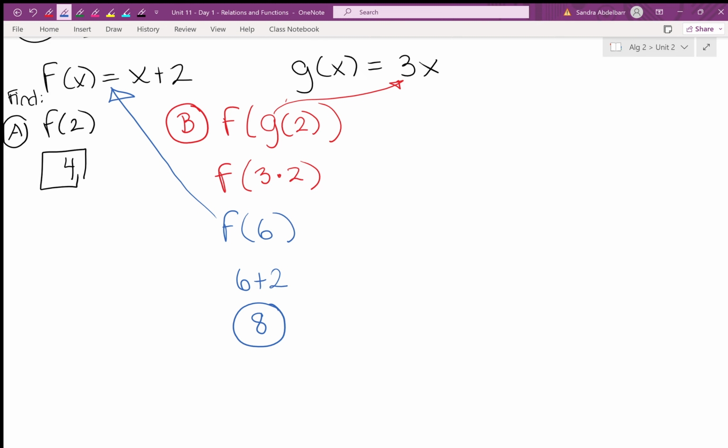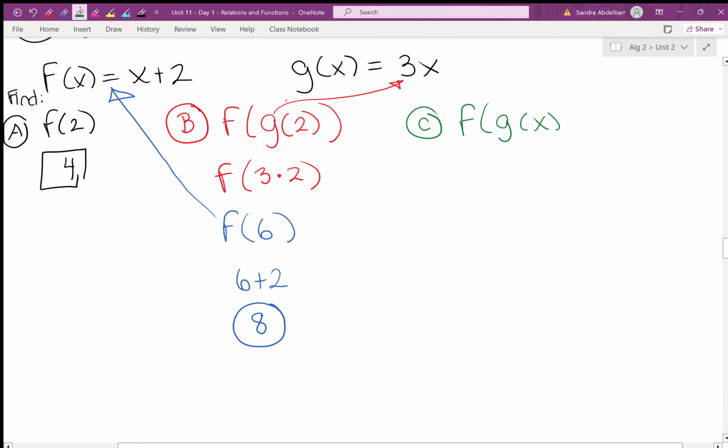All right, next one. So now I'm going to have f of g of x. Okay, so now this is saying f of, there's no number that I'm substituting in, the g of x function. So they're saying, okay, well, f of g of x.